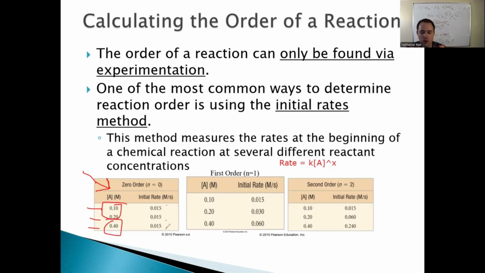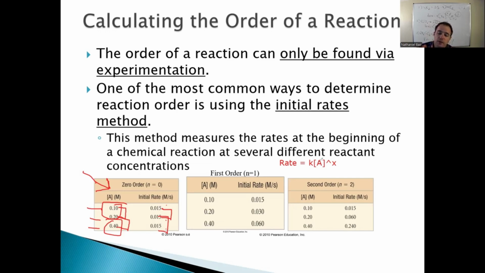The rate is the same for all 3 trials. So if the amount of A doubles, notice that the rate didn't change. If I double the amount of A again from 0.2 to 0.4 molar, rate stays the same. So what this data is showing is that whatever I'm doing to this reactant is not making the reaction speed up or slow down, so it must be zero order.